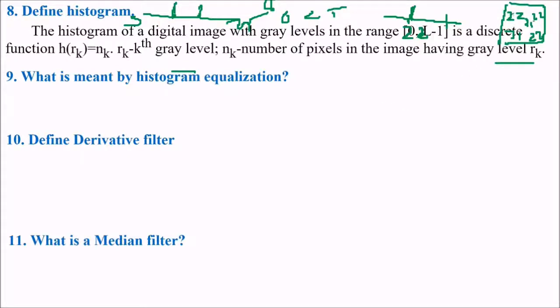For rk equal to 22, nk is 3 here. For 31, nk will be 2. There are only 2 pixels having the value 31.